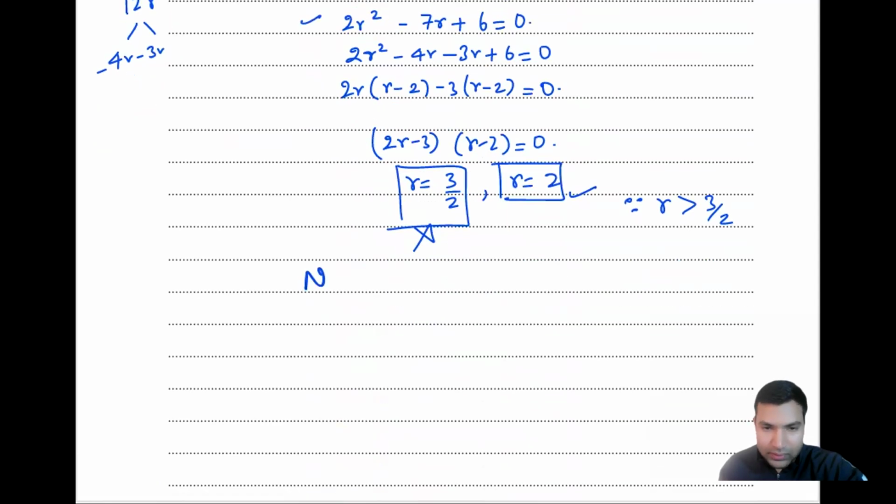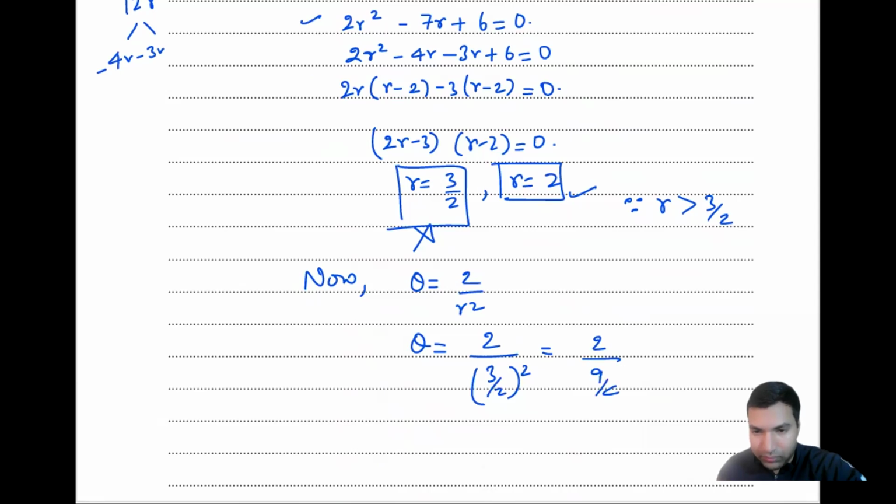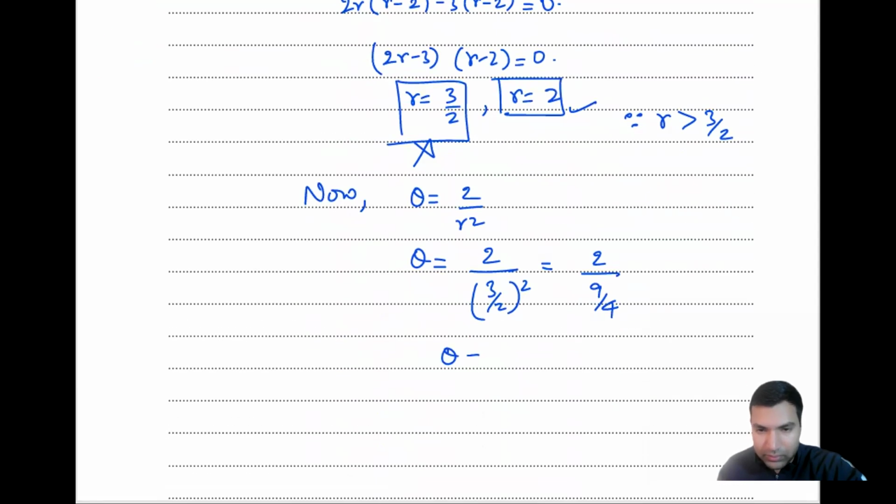Now, what is theta? Theta is basically 2 over R squared. So 3 by 2 whole squared, which becomes 2 by 9 over 4, which is nothing but 8 over 9.